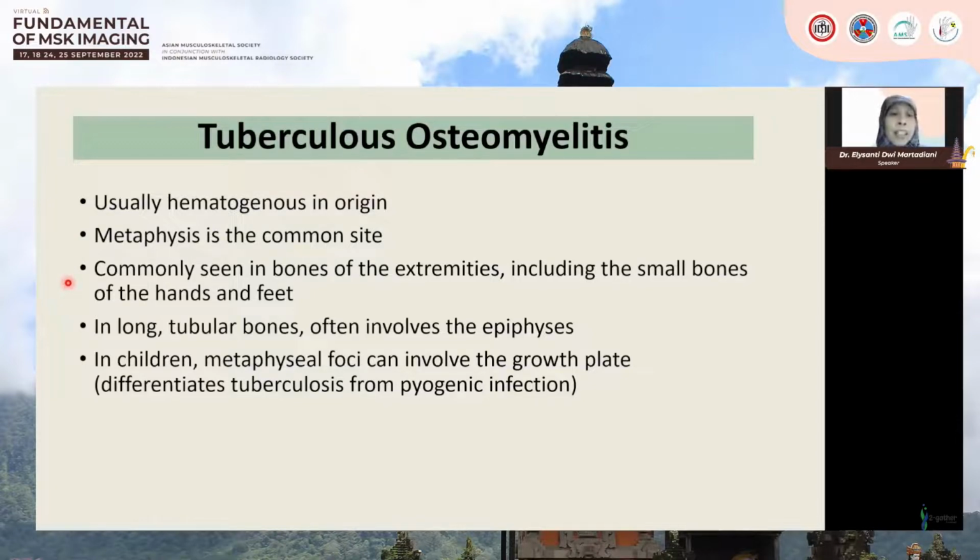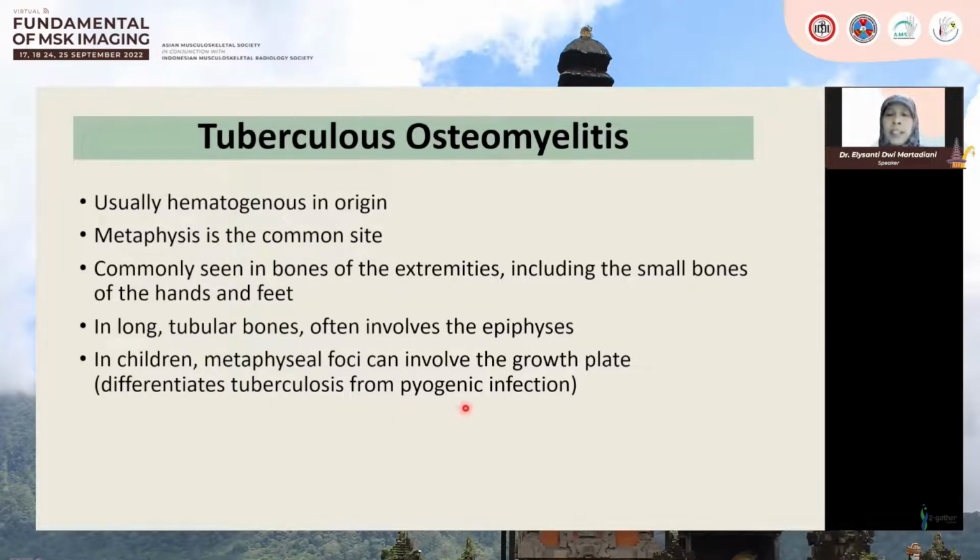Tuberculous osteomyelitis is commonly seen in bones of the extremities, including the small bones of the hands and feet. In long and tubular bones, it often involves the epiphysis. In children, metaphyseal foci can involve the growth plate, and this characteristic differentiates tuberculosis from pyogenic infection.